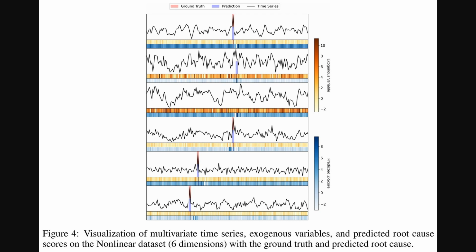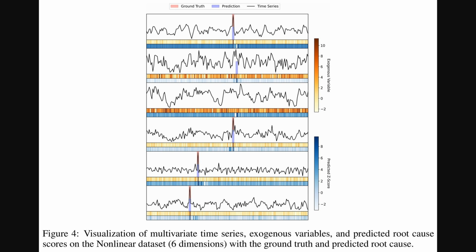Following those strong scores for pinpointing exact intervention times, Figure 4 offers a really nice visualization of this process. We're looking at a multivariate time series from the nonlinear dataset, with each row showing a different dimension. For each, you see the original data, then the derived exogenous variables, which are those underlying independent factors. Below that, we see the predicted root cause scores, calculated as z-scores. A z-score here essentially quantifies how unusual an exogenous variable's activity is.